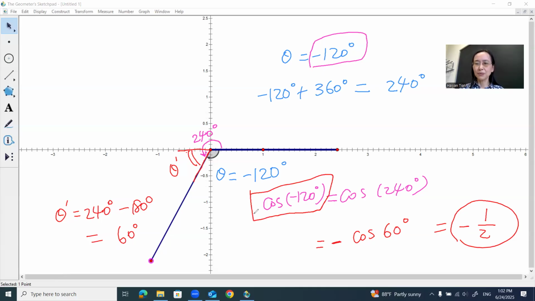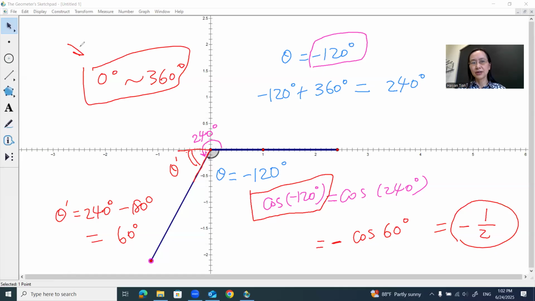So in this second problem, we have a negative angle that is outside of the range of 0 degrees and 360 degrees. However, for an angle that is negative or larger than 360 degrees, you can always find a least positive angle in this range.